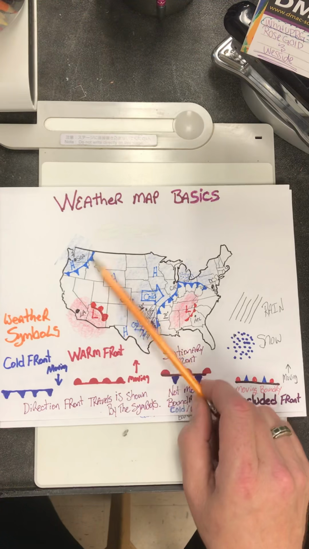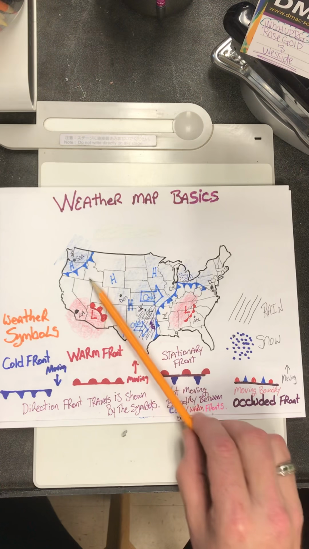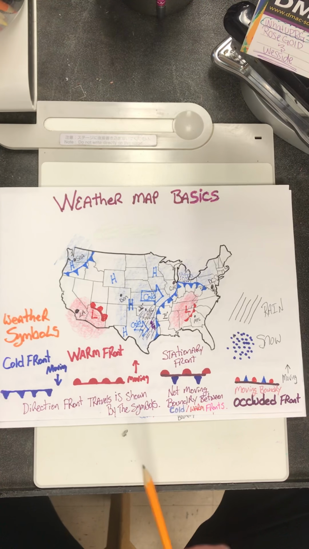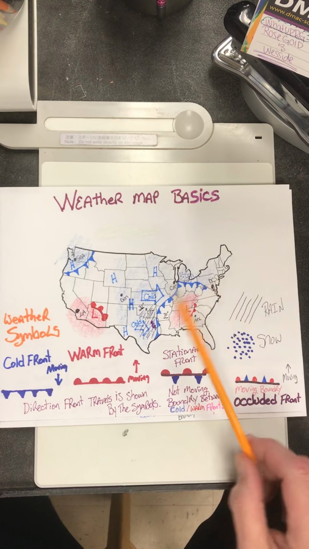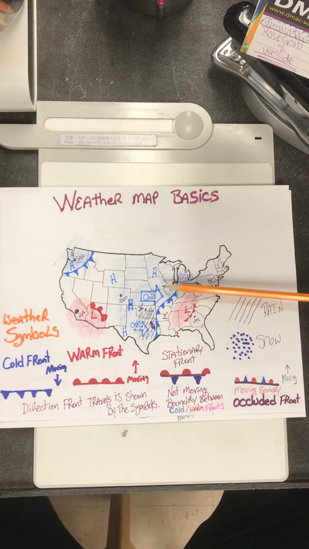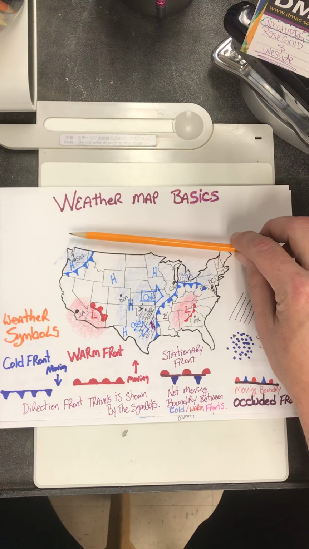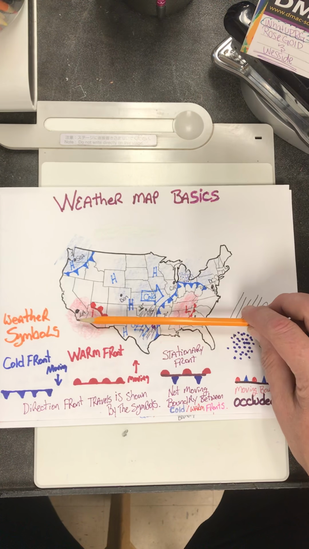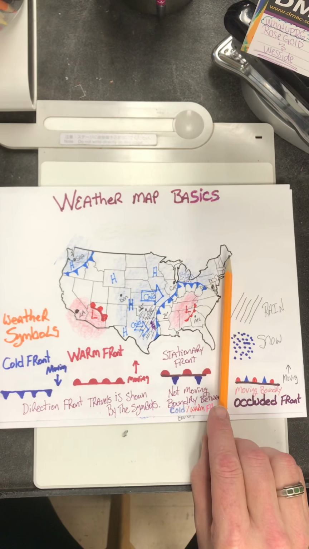Another thing is, if you see a front up here in the northwest, it's going to travel this direction. Your fronts always move from west to east. Sometimes you might have a front that moves out of the Gulf of Mexico up into the United States, and a lot of times you'll have a cold air mass through the jet stream coming down, but your fronts are always moving from west to east.